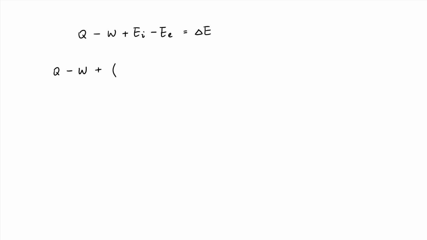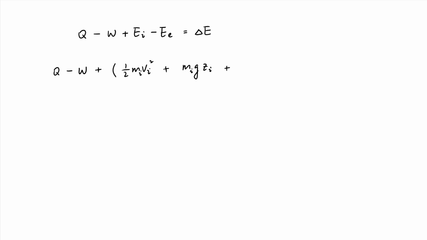They are kinetic energy, so 1/2 m_i V_i squared, plus potential energy. Potential energy is m g z, and I give it a subscript to indicate this is at the inlet, m_i and z_i.